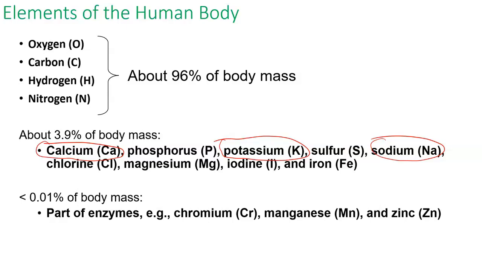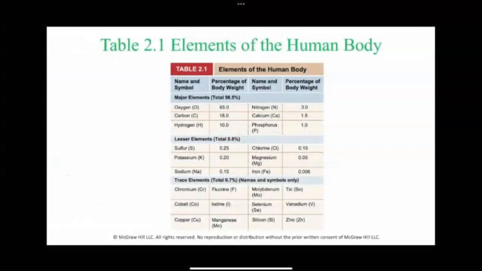So chromium, manganese, zinc. So there's those elements in just trace amounts. Here is a table that you can use to reference just to see about how much each of these elements contribute to our overall body mass. Oxygen, of course, is the most. Carbon contributes the second most, then hydrogen, followed by nitrogen.